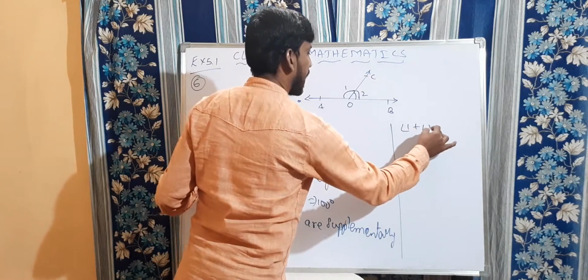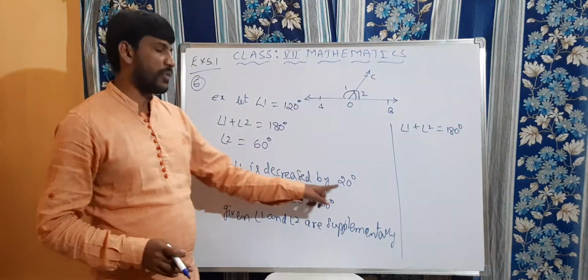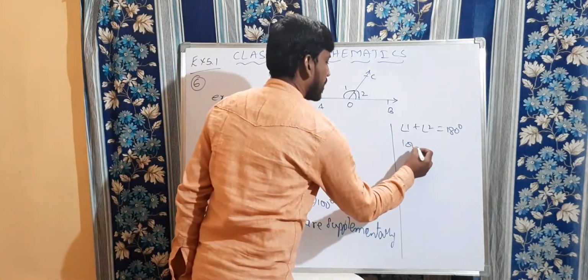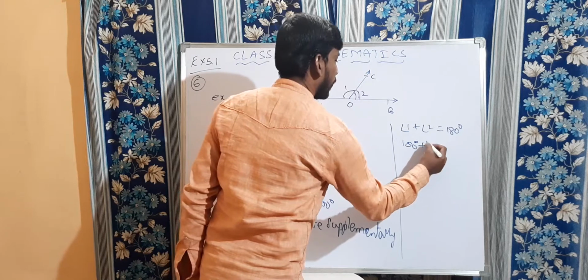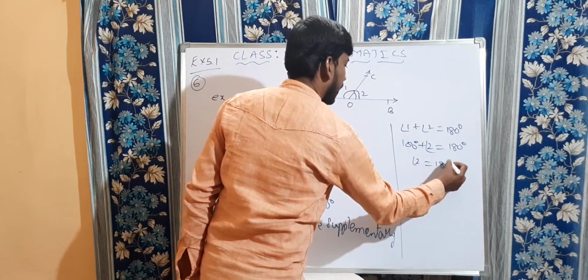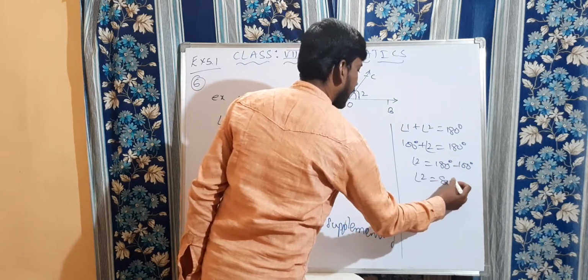So angle 1 plus angle 2 is equal to 180. Angle 1 is decreased by 20 degrees, so angle 1 is 100 degrees. 100 plus angle 2 is equal to 180. Then angle 2 is equal to 180 minus 100. Then angle 2 is equal to 80 degrees.